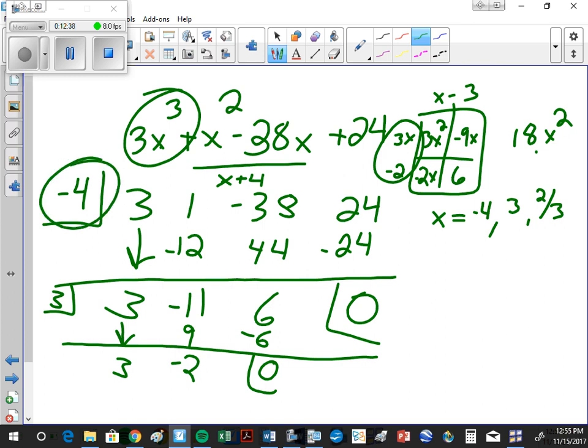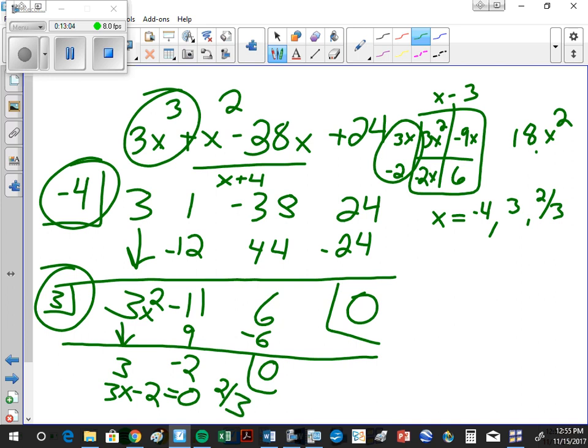So there is one root. Here is another root. Where do I find root number 3? This is 3x minus 2. How do I know it's x to the first? Because this one was 3x squared and I divided by x, so now I have 3x. And if I set this equal to 0, I get 2 over 3.